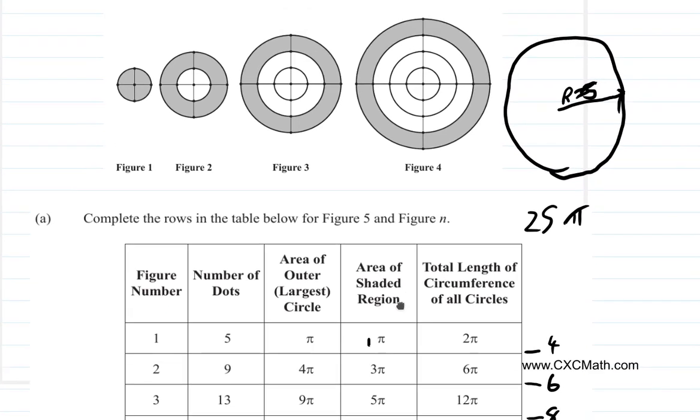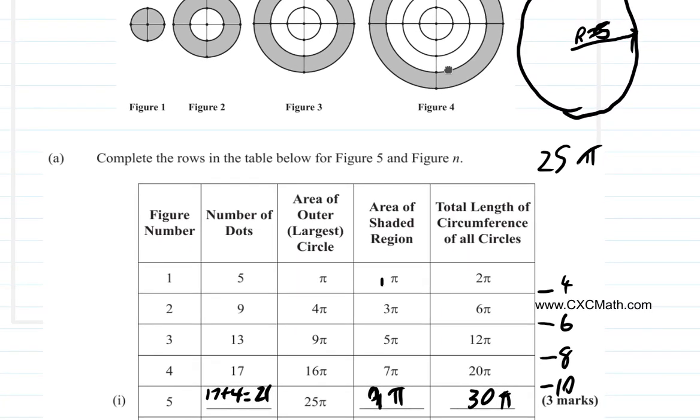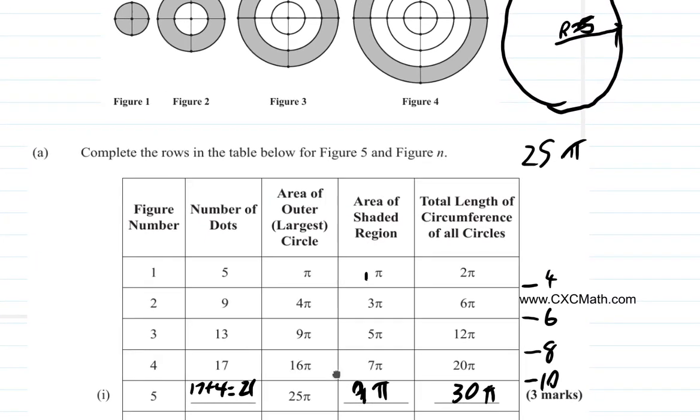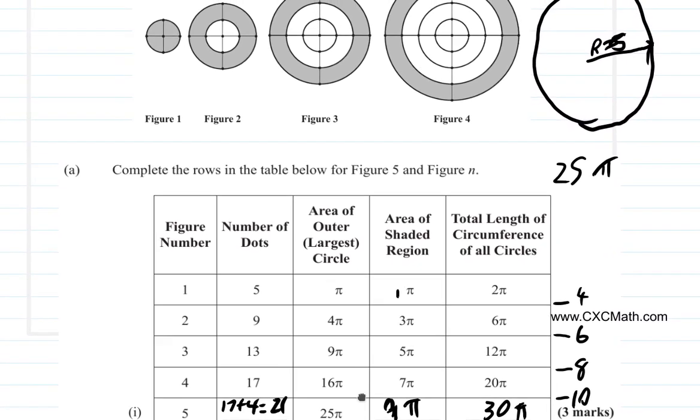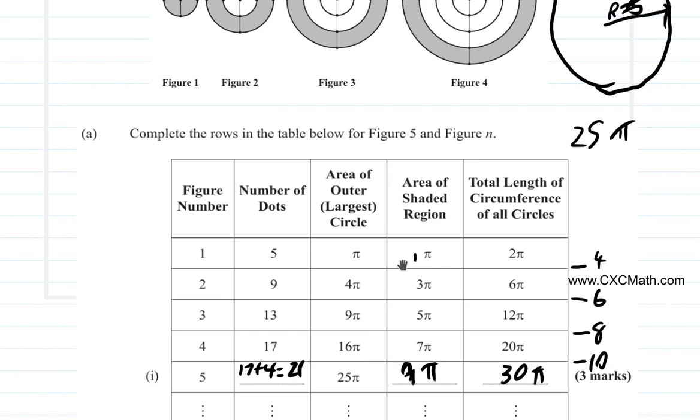Let me see now. If you subtract the previous area to get the area of the shaded region, you'd have 25 minus 16. 25 minus 16 would be 9.